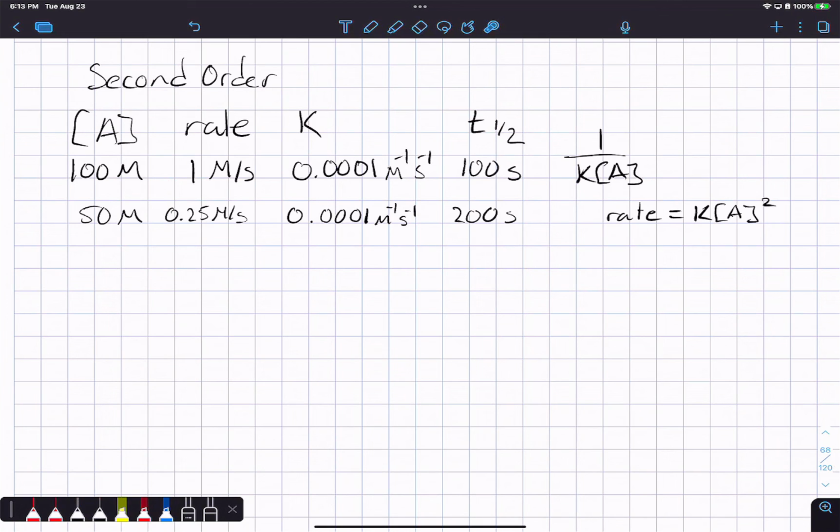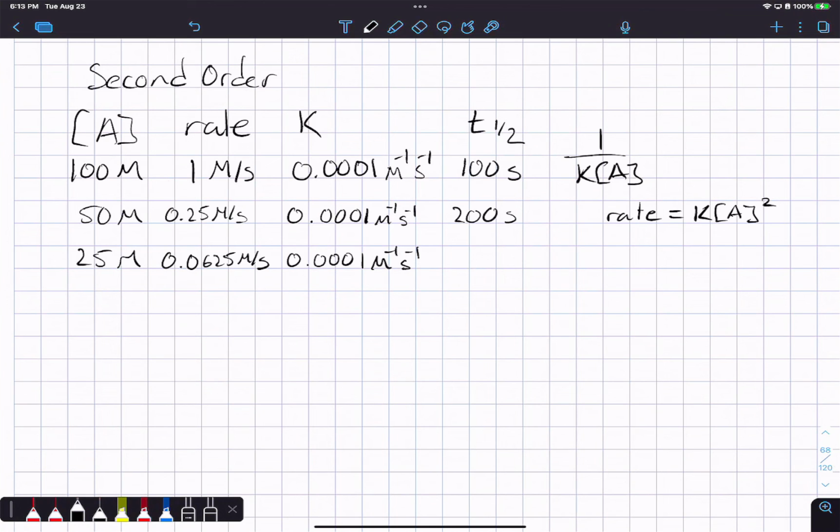Actually, let's do that real quick. So if we go down to 25 molar for this one, again, K is constant. That's why it's called a constant. So now it's 25 squared times 0.0001. So rate is going to be 0.0625 molar per second.